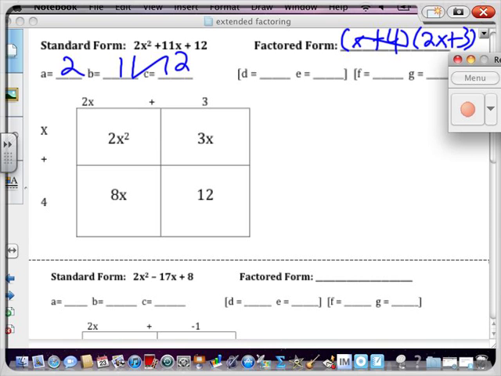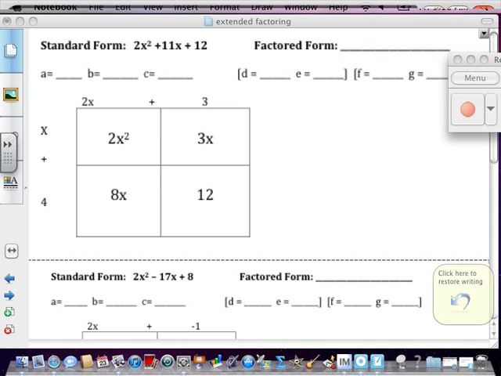You could have put them in the reverse order. It would have been fine. And for my D, then I would get 1, E is 4, F is 2, and G is 3. The other way is perfectly fine, and you would not get marked down. The other way would be 2, 3, 1, 4.